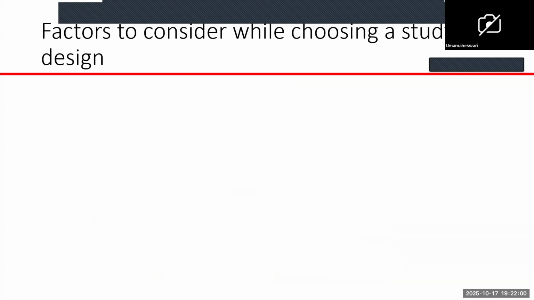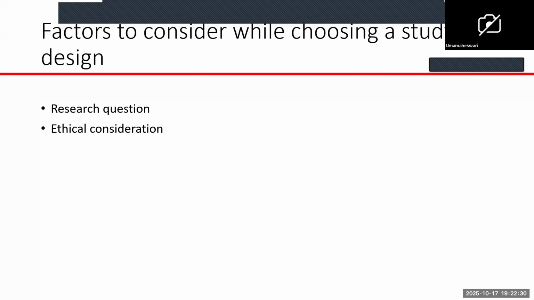So how do I choose which study design I'm going to use? Any research question can be done with any of these four study designs. But the factor that decides which study design I should choose is your research question: whether I'm going to use a comparison group or not, whether I'm going to compare with someone or not, because you frame your research question according to that.